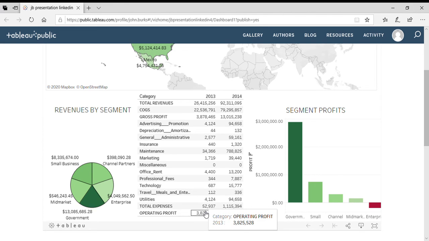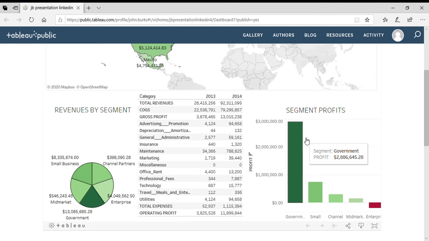So this would be your operating profit and not your net profit because I didn't calculate any taxes for this. And again, all of these numbers are not real numbers. They're downloaded from a site that allows you to retrieve data to use with different types of software.